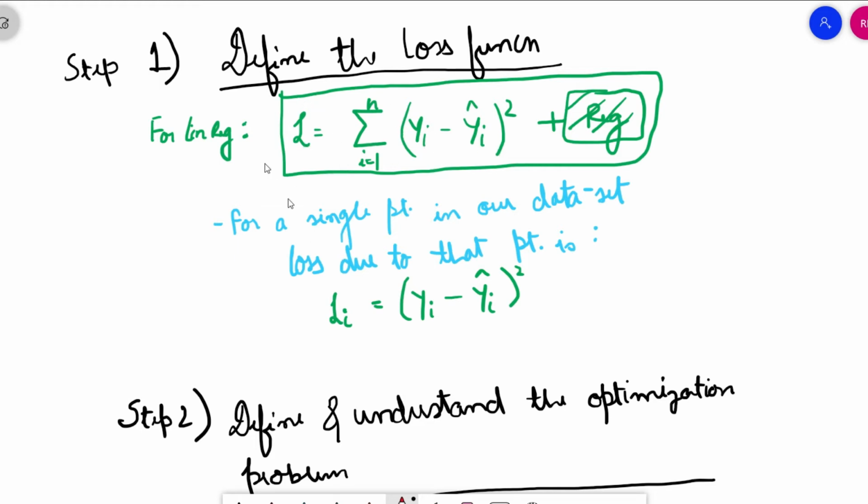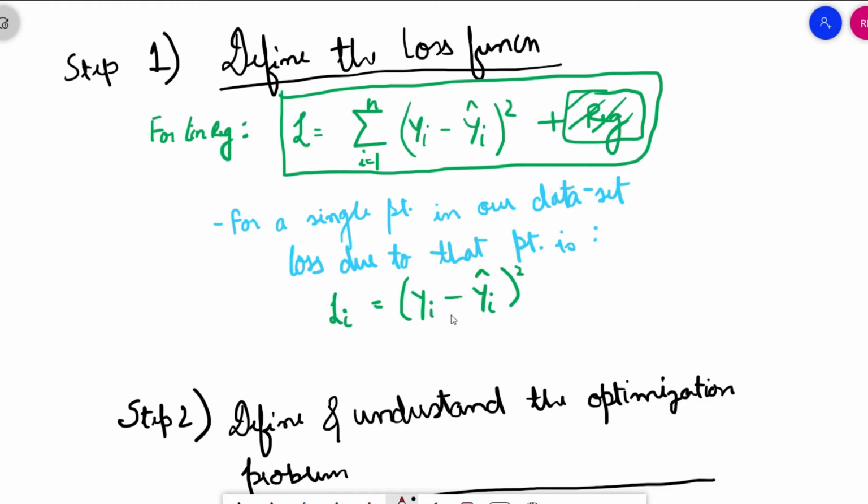This loss function can be broken up for a specific point in our data set, say the ith point, as the square of the difference between the actual value given in the data set and the value predicted by our model.